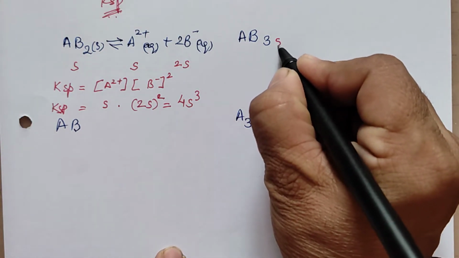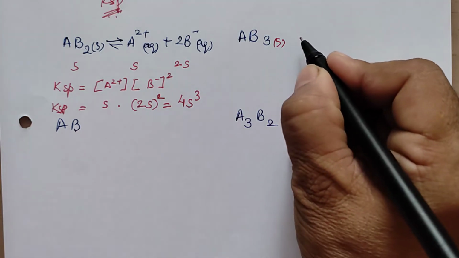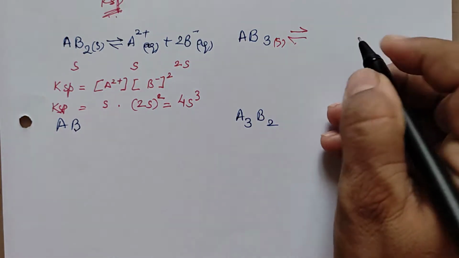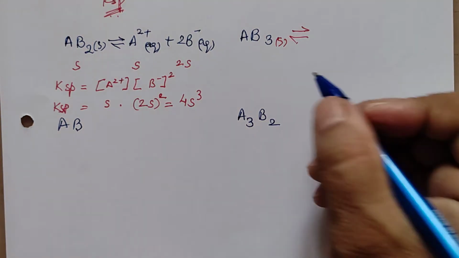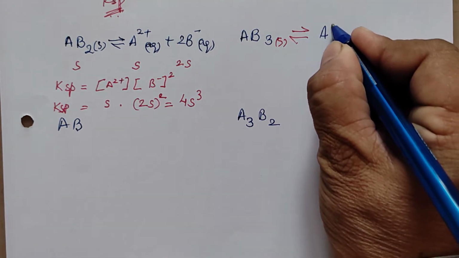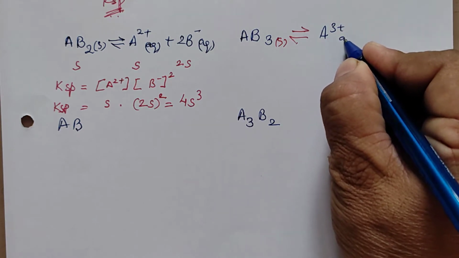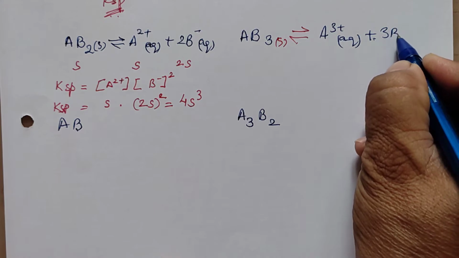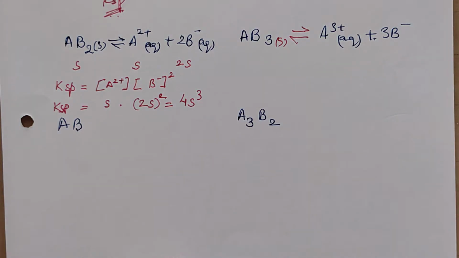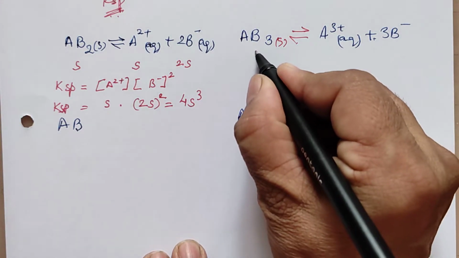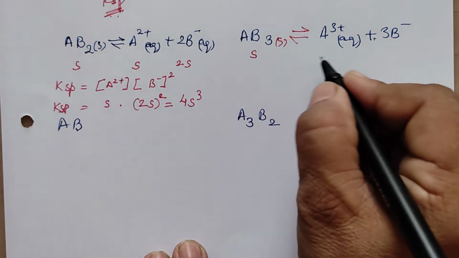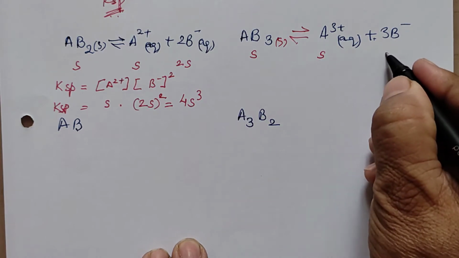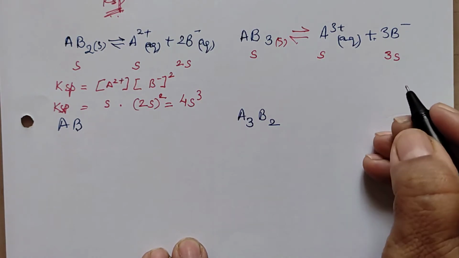This is a solid again, so you will have the ions formed in it. The ions formed here will be A3+, aqueous, plus 3B-. Let's write in terms of the solubility now. If S moles per liter of this is getting dissociated, S moles per liter of A3+ will be formed, and 3S moles per liter of B-.